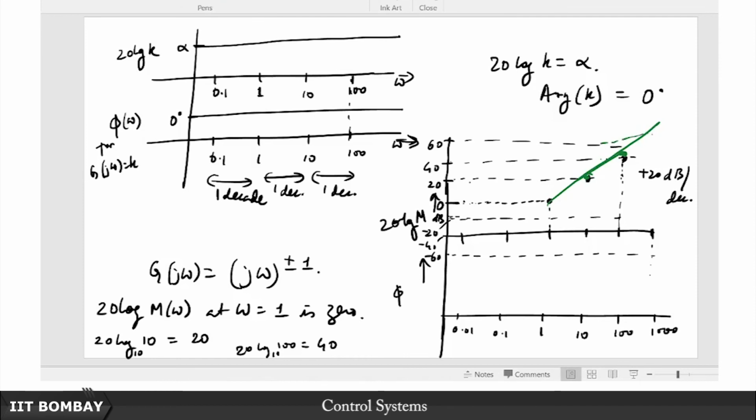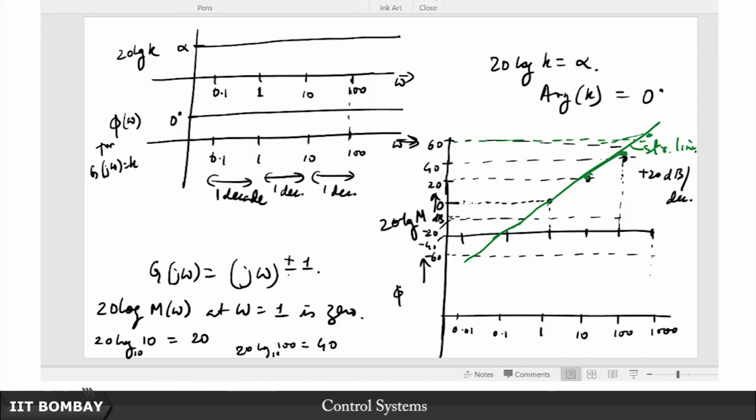So 60 is going to be at 1000. So this is a straight line, even if it does not look like it, because again of my pathetic drawing. It is a straight line rising at plus 20 dB per decade, and therefore it makes sense that it will go on like this. Yeah, it is a constant straight line at 20 dB per decade.